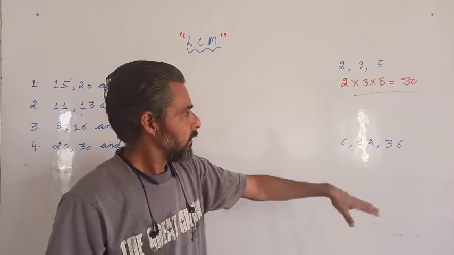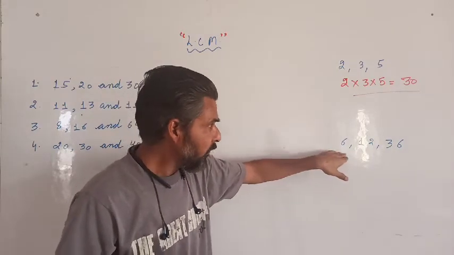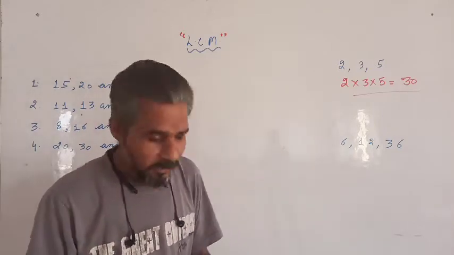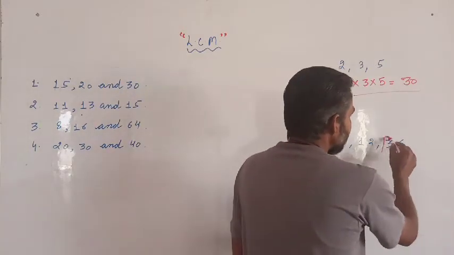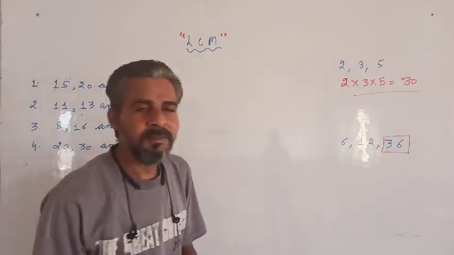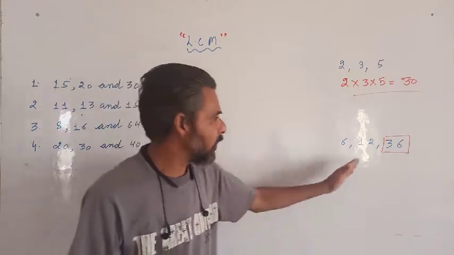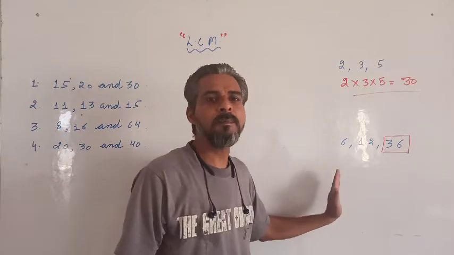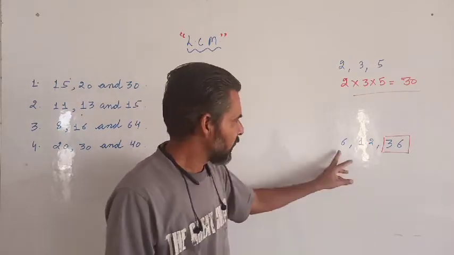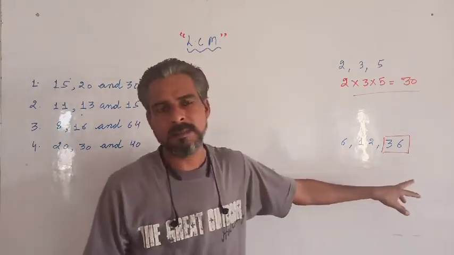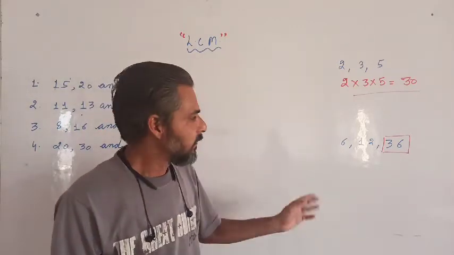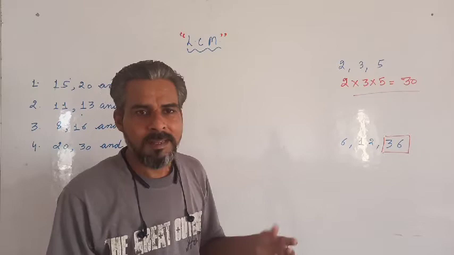Second case, if the numbers are given like this, 6, 12, 36. If the largest number is coming in the table of the remaining two, that is, if the biggest number comes in the table of the smaller numbers, 6 sixes are 36, 12 threes are 36, then there is no need to find the LCM by any of the methods.